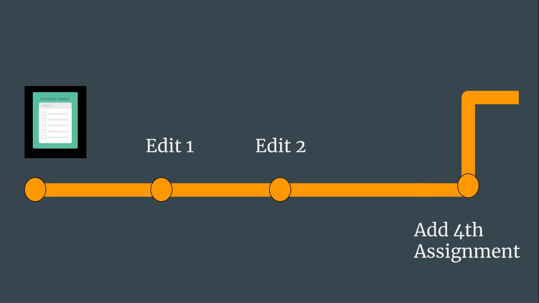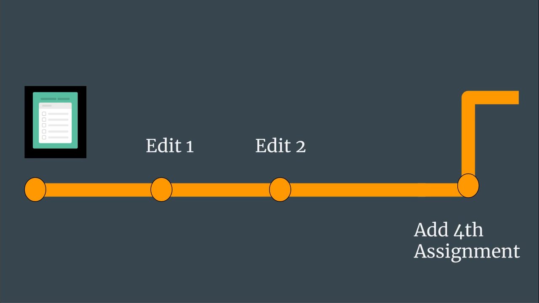But what Git allows anyone in this group to do is take the document and write it as if there is a fourth assignment. They can write in their fourth assignment, make it exactly the way they want, put in their rubric and everything else.